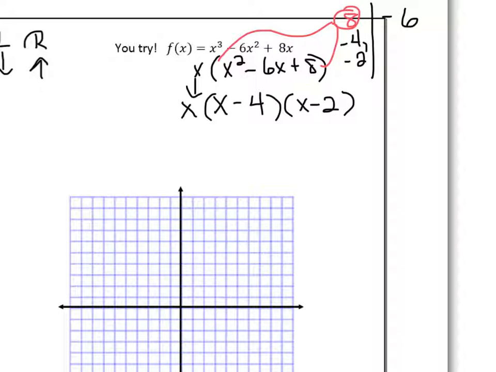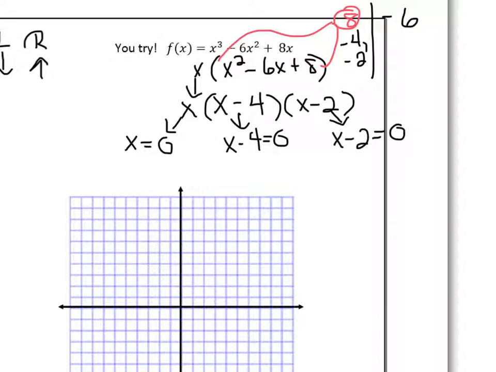Once we've factored it, we set each of them equal to 0. So we have x equals 0, x minus 4 equals 0, and x minus 2 equals 0. The first one's already solved for.